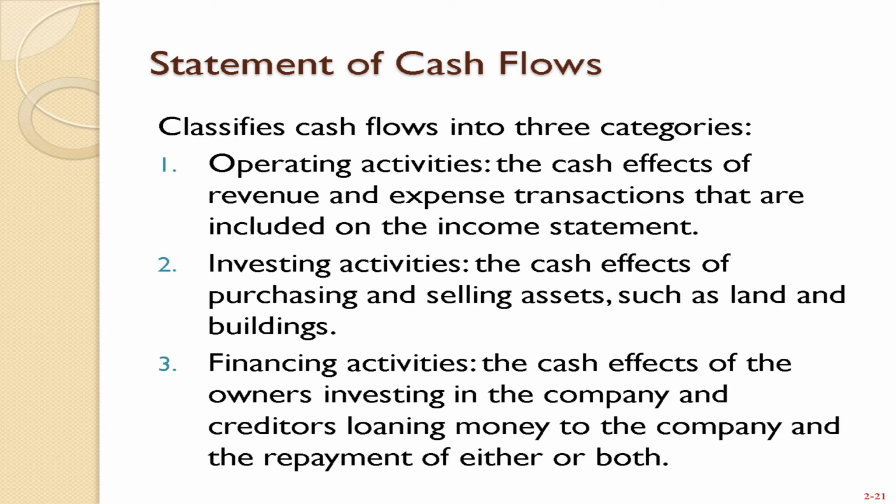Cash flow from investing activities is the cash effect of purchasing and selling assets such as land and buildings. And cash flow from financing activities is the cash effect of owners investing in the company, credit loans taken by the company, and repayment of the loans as well.